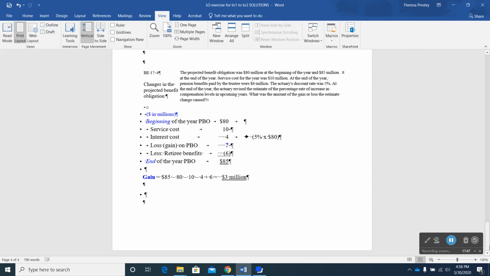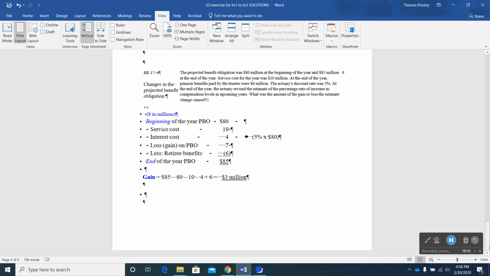Somehow when we did this calculation though, and we had 80, we added 10, we had 4, we subtract 6, we come up with 88, and we have actually in our balance 85. So there's something which happened in between that caused our balance or our liability to go down by 3. And that's the only way we can make the account what we call walk.